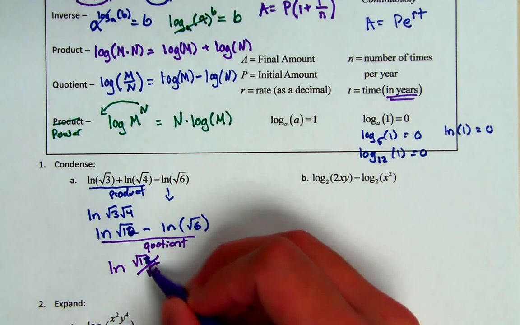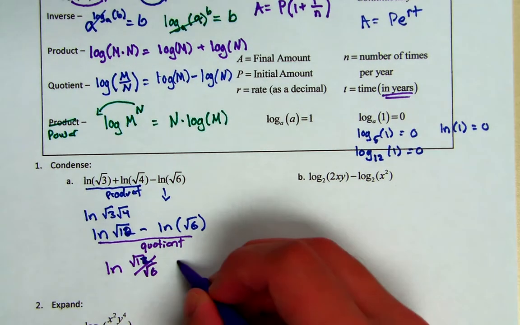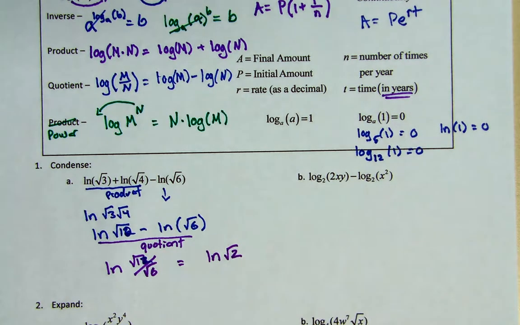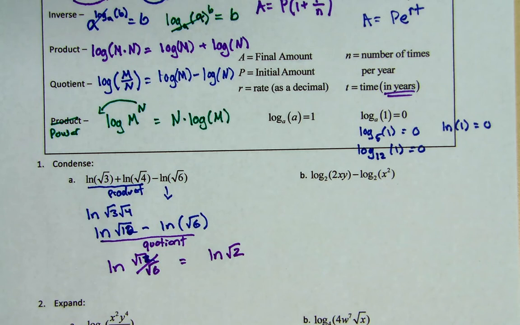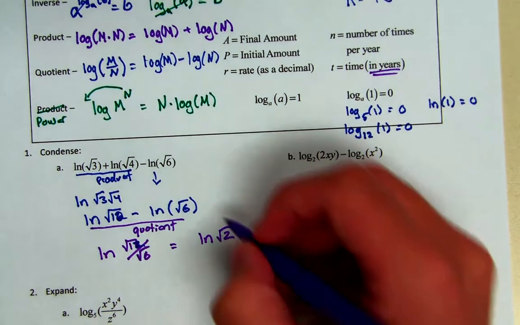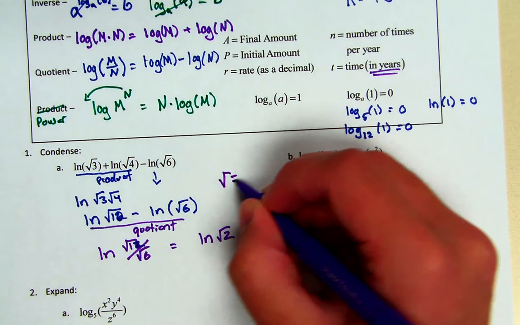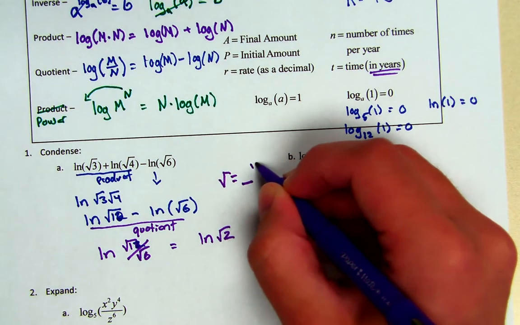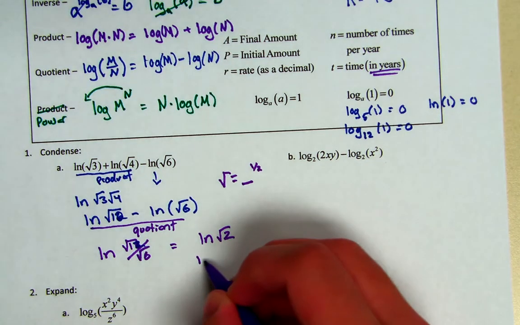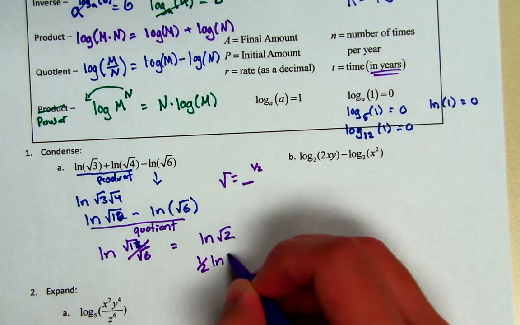Now, since they're both roots, 12 divided by 6 gives me the natural log of the square root of 2. Now, technically, you could also write this as 1/2 natural log of 2, because remember, square root equals to the power of 1/2. So that's another way you could write this, as 1/2 natural log of 2.